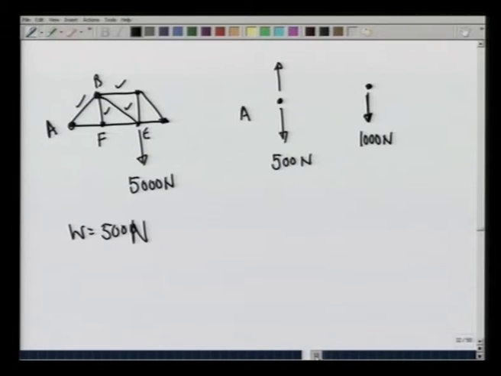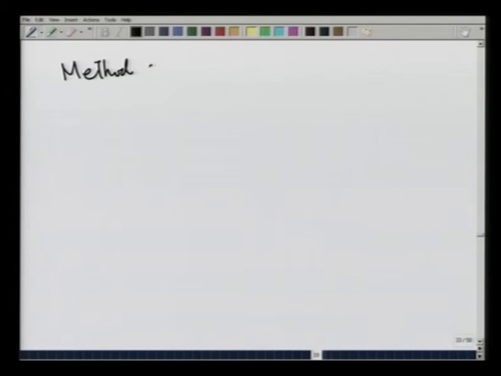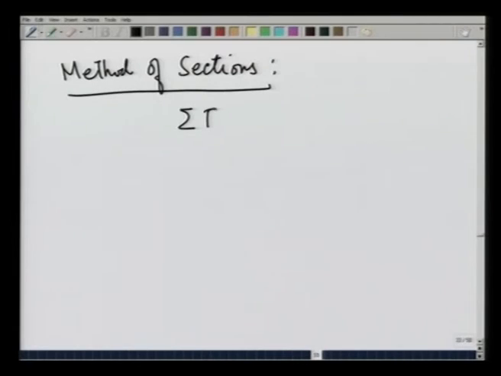In that case, the method that is used is known as the method of sections, in which case, we cut a section through the truss so that a maximum of 3 members are cut, and then I have 3 equations to solve, namely summation Fx equal to 0, summation Fy equal to 0, and summation torque about some point equal to 0, that give me those 3 forces.